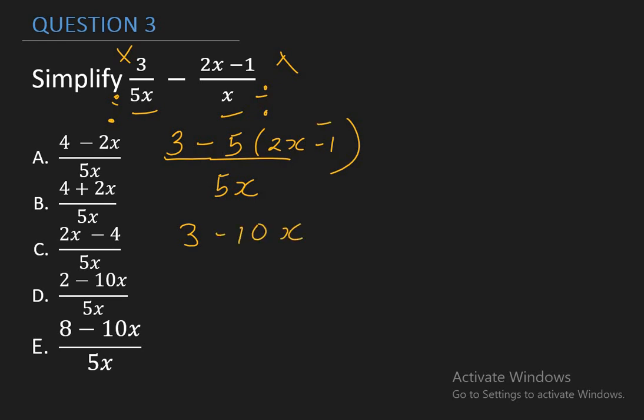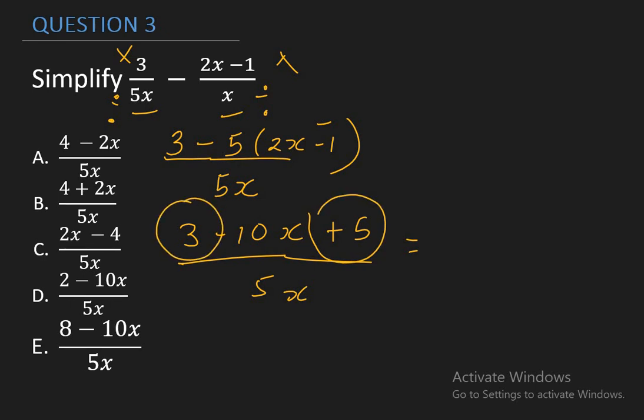Minus 5 times minus 1 will give me plus 5. Now I have 5x. So this is equal to, let me rearrange so that the positive sides or whole numbers can be together. Plus 5 plus 3 will give me 8. Then minus 10x over 5x. So the right option is E.